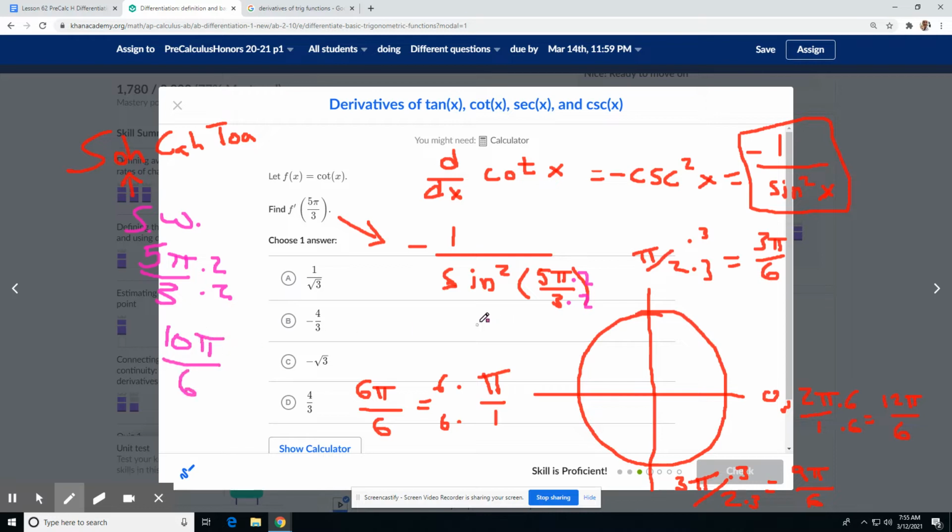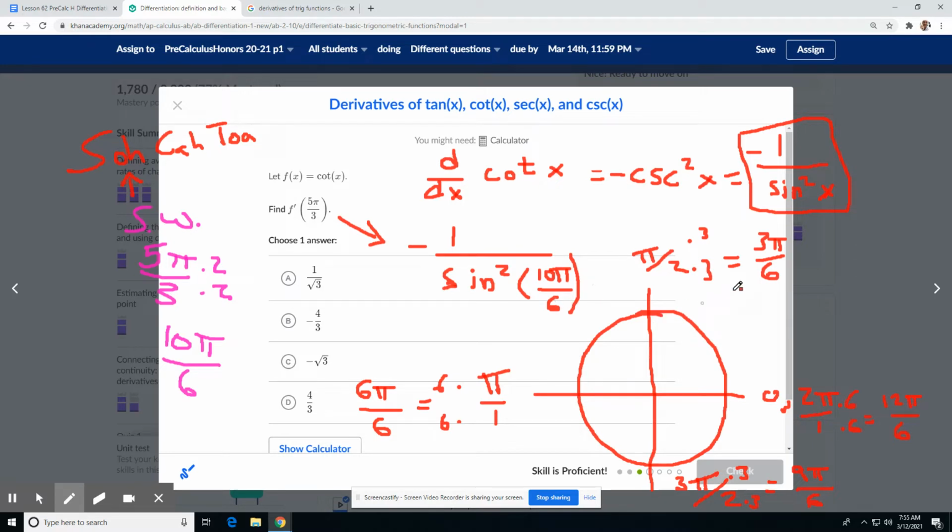All right, so this is really 10 pi over 6 right here. Let me go ahead and I'll just erase this. So this is a 10 pi over 6. So this is the one I'm dealing with. Where does 10 pi over 6 land? What quadrant does it land?